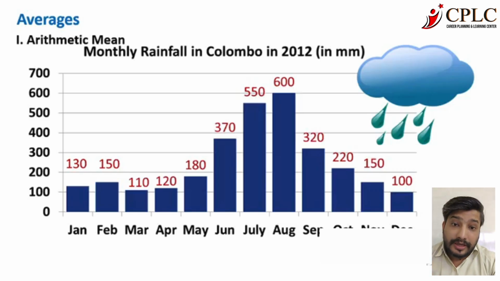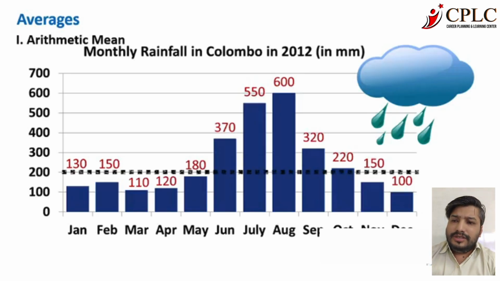We cannot assume less than 100, we cannot assume more than 600. So that is also something you need to remember. So let's see what they are assuming. Just as a reference, they are assuming 200 as the average. Though we know from the previous calculation that 250 is the correct answer, we'll see how we get this 250 from this 200. So that was the first step, assume the value of the average.